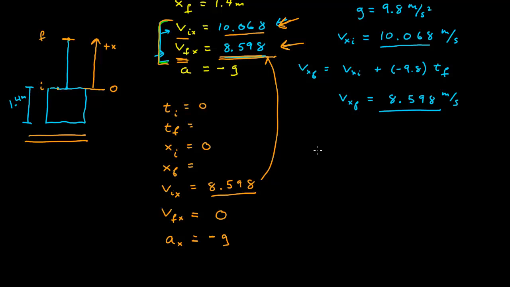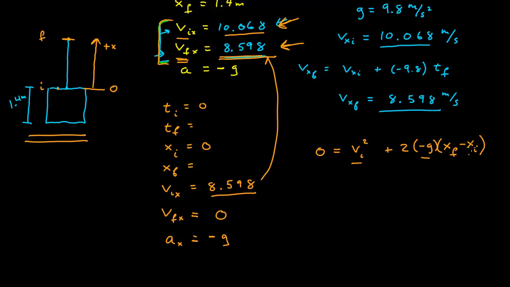So the final velocity is 0. The initial velocity squared is equal to, plus twice the acceleration, which is negative g, times the displacement, which is x f minus x initial.